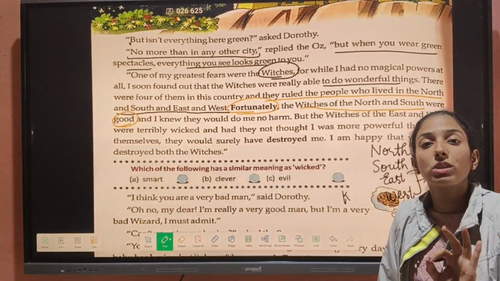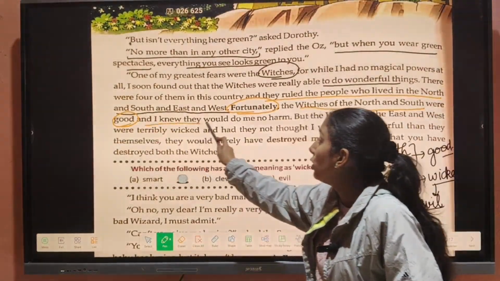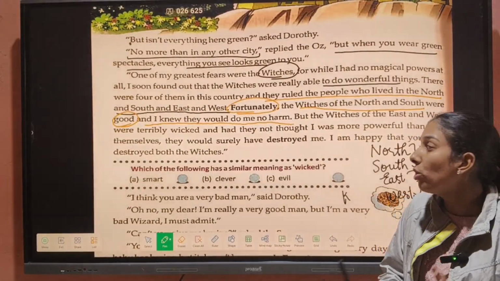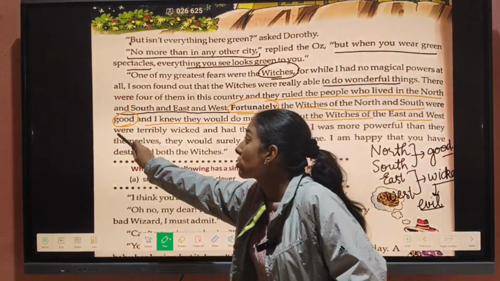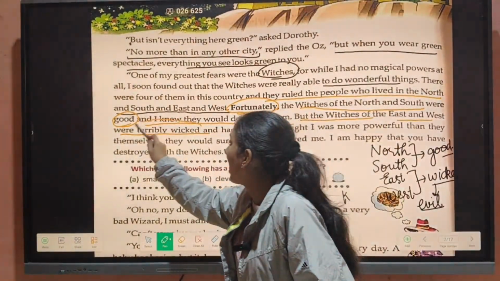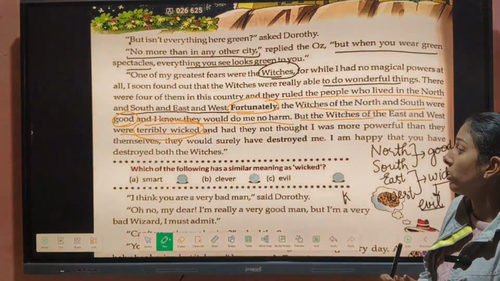"And I knew they would do me no harm." They will cause me no harm. "But the witches of the east and west were terribly wicked." Terribly wicked means extremely evil, very harmful, very dangerous.